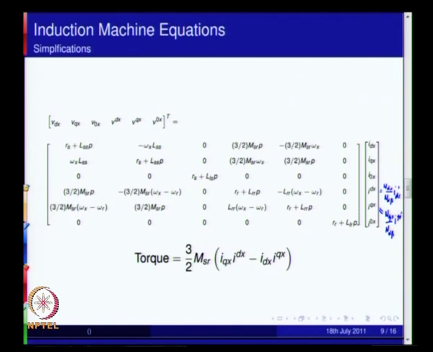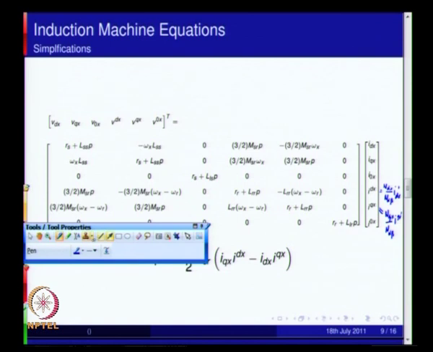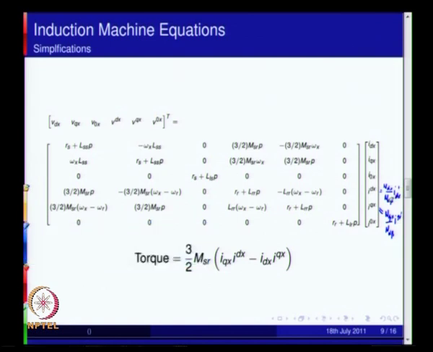Dx dash should have been on the numerator, so let me delete that and rewrite it. This would be n dx I dx dash.